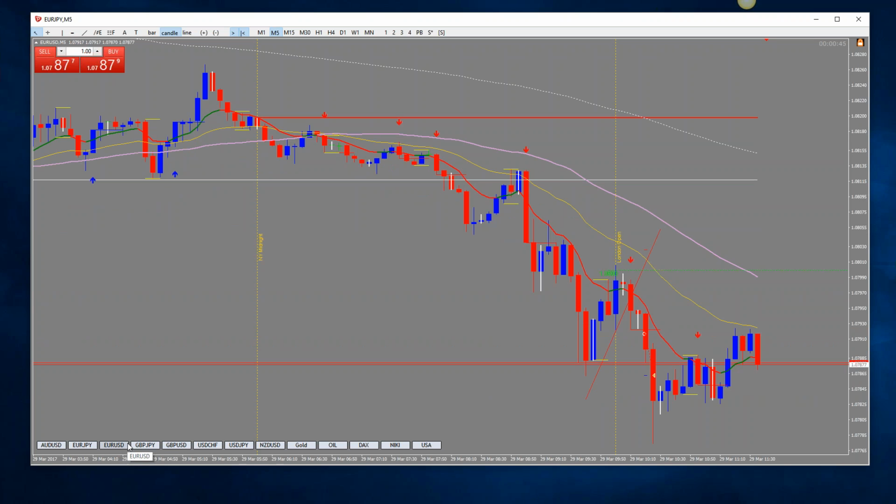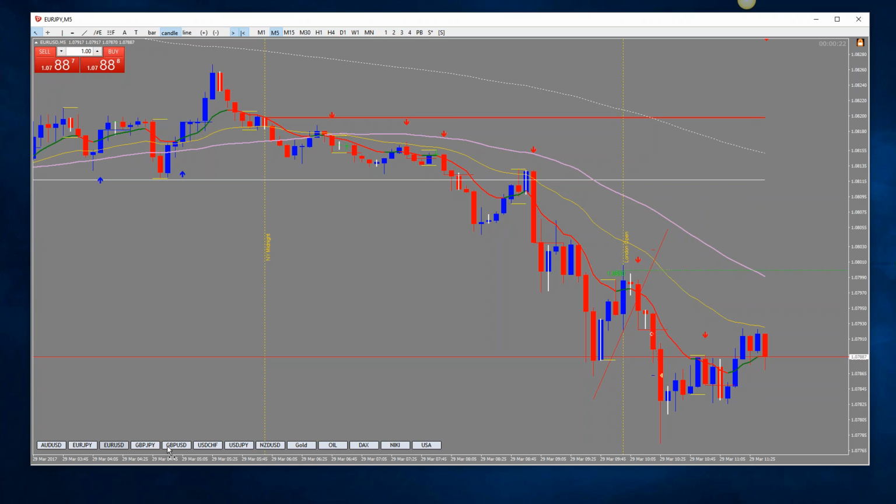So here we're going to get a setup. We've got 42 seconds left on this candle. We've got a setup to go short on the euro dollar going to happen here. Let's see if it happens. I'll come back to it in a couple seconds.